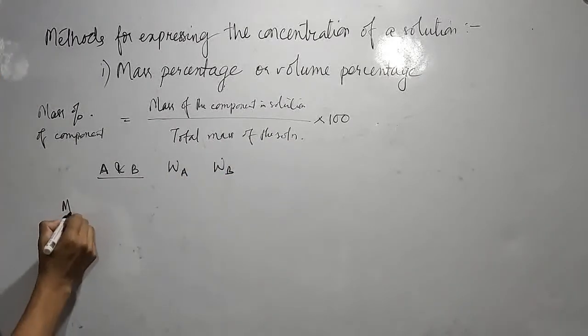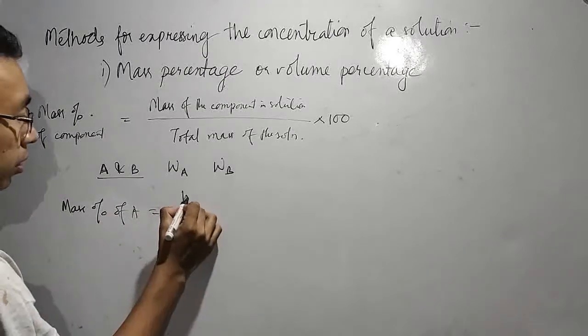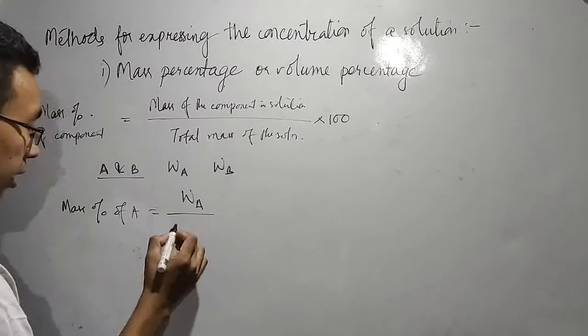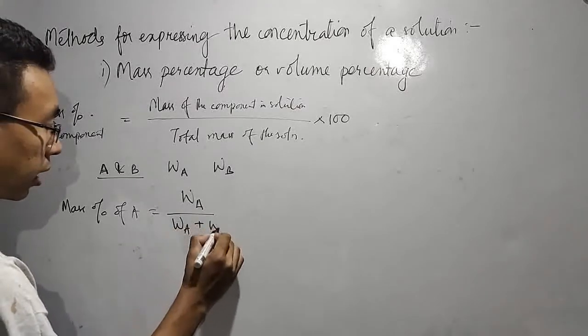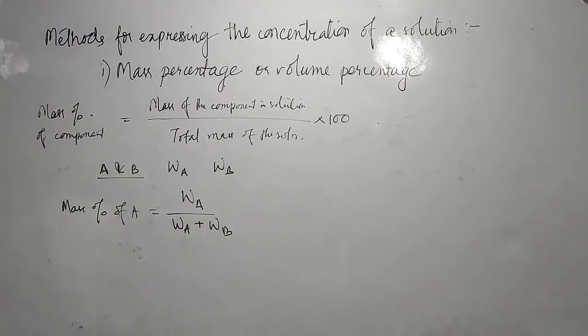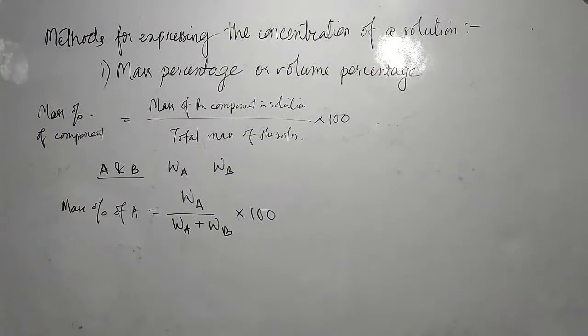So mass percentage of A will be equal to mass of component A divided by mass of component A plus mass of component B, multiplied by 100. That way we find the mass percentage for any component in the solution.